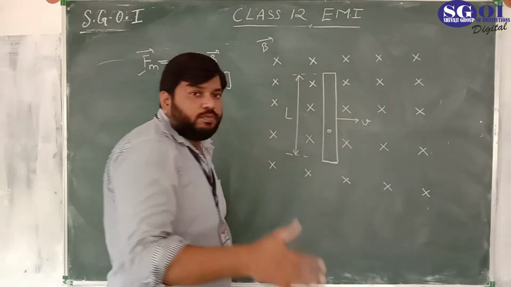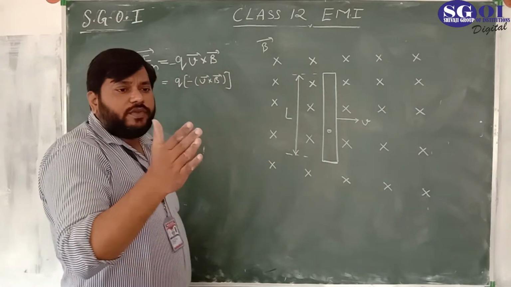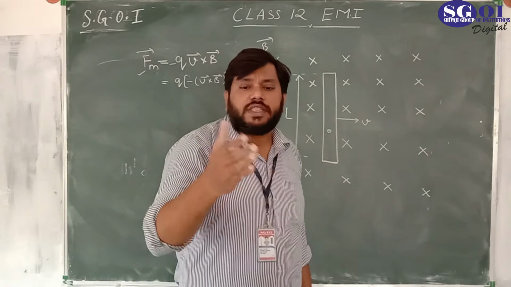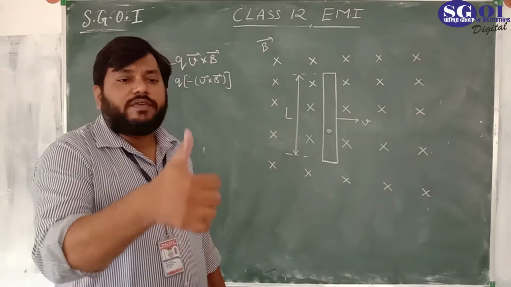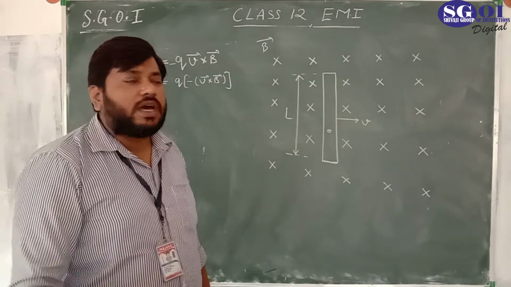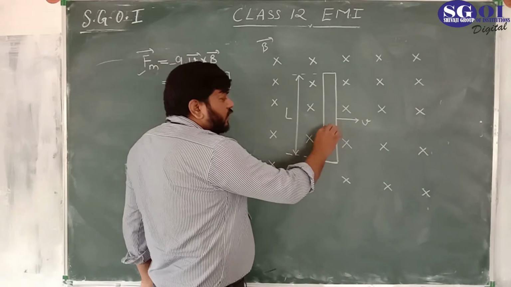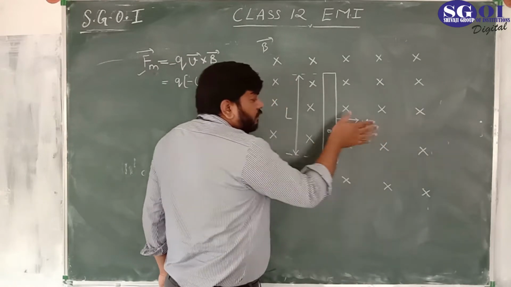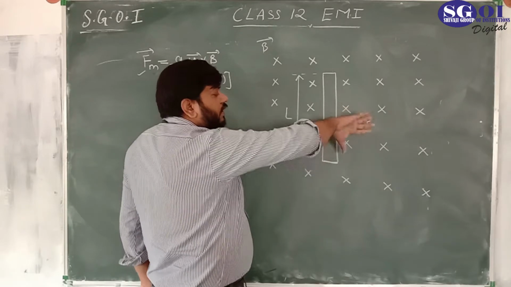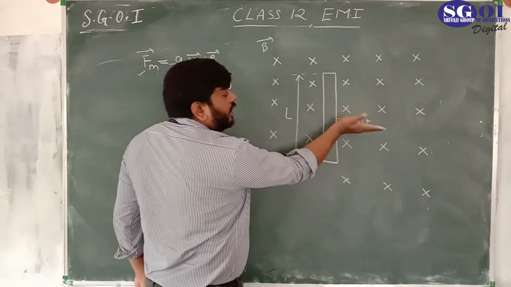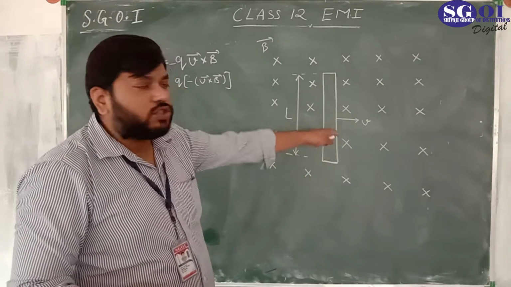Both are the same thing. Now we have to put our hand in the direction of v, because v is first, and close our fingers in such a way that the fingers point in the direction of the magnetic field. Then our thumb would point in the direction of the magnetic force. The electron is moving here, so we can put our hand either this way or this way.